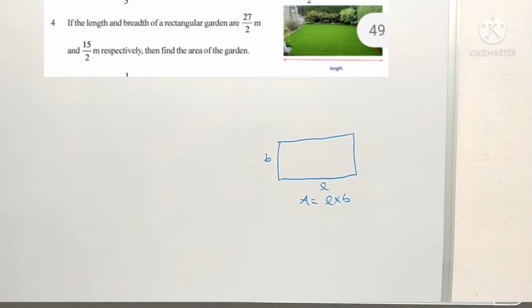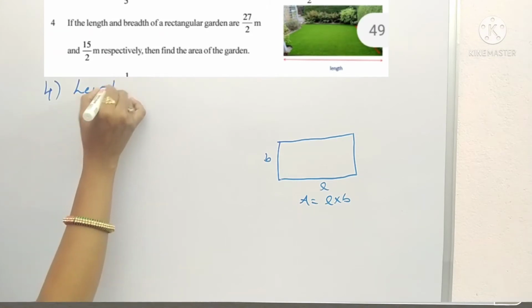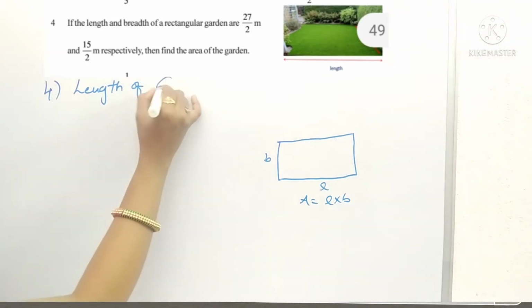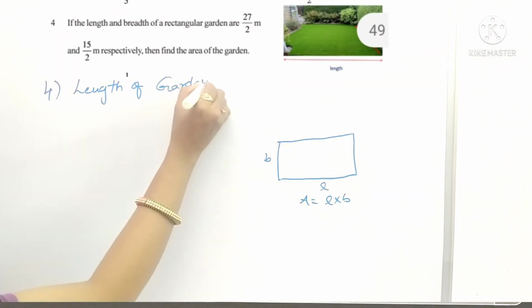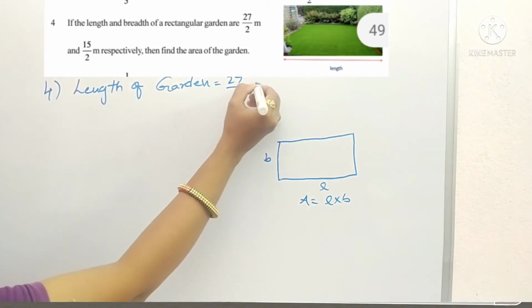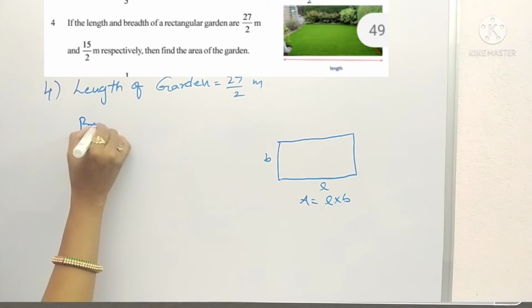So now here, first we will write the steps. Length of garden, rectangular garden also you can write. Length of garden 27 by 2 meters. Next, breadth of garden.